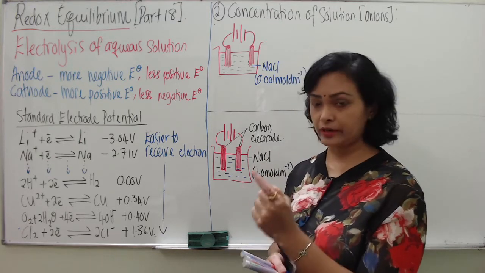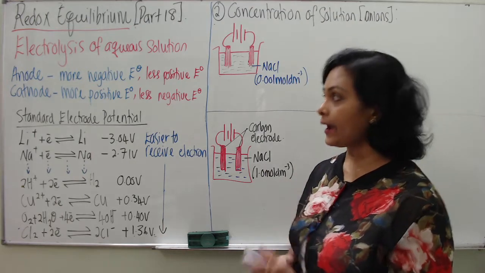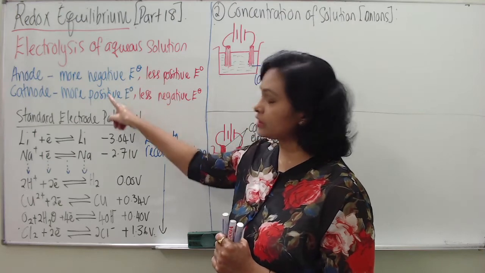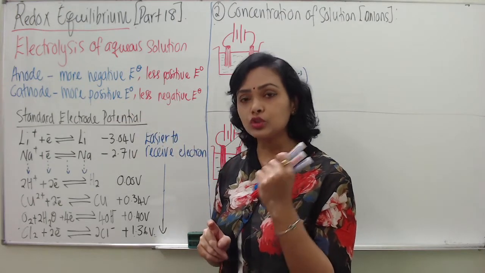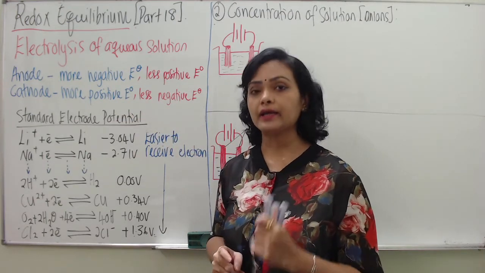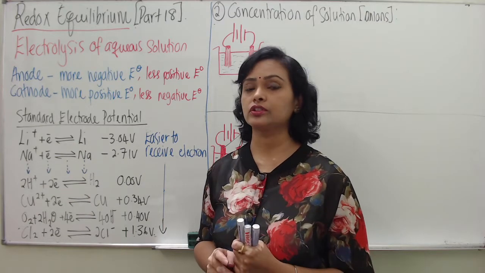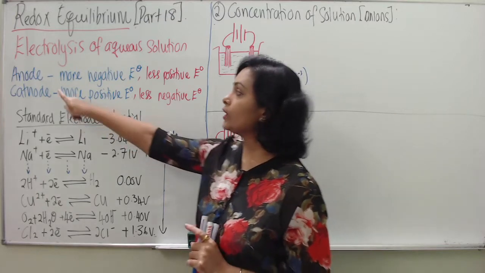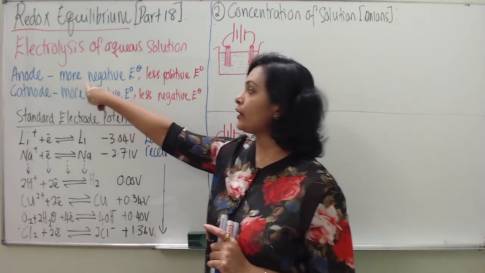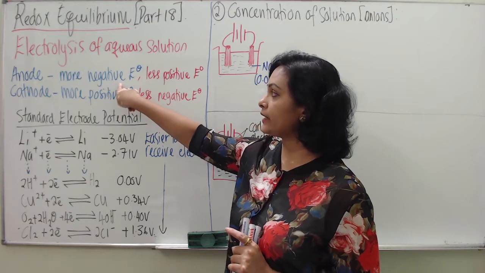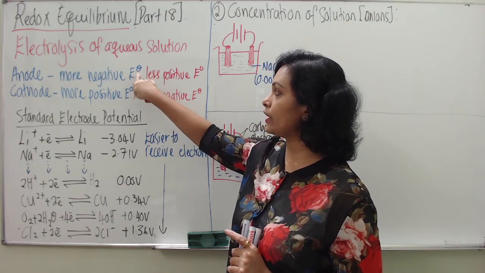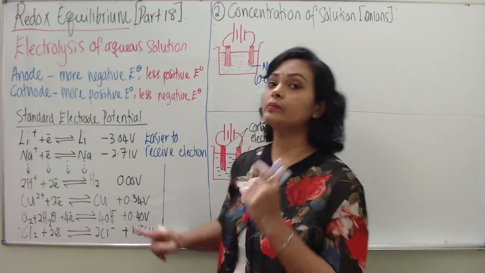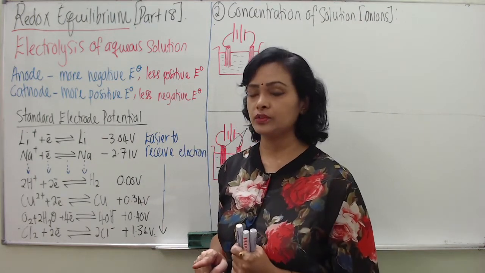Here again, what's the most important rule that students must know in order to select anions and cations which are going to be discharged? First rule, at anode, anions with a more negative E0 value or less positive E0 value will be chosen to be discharged.